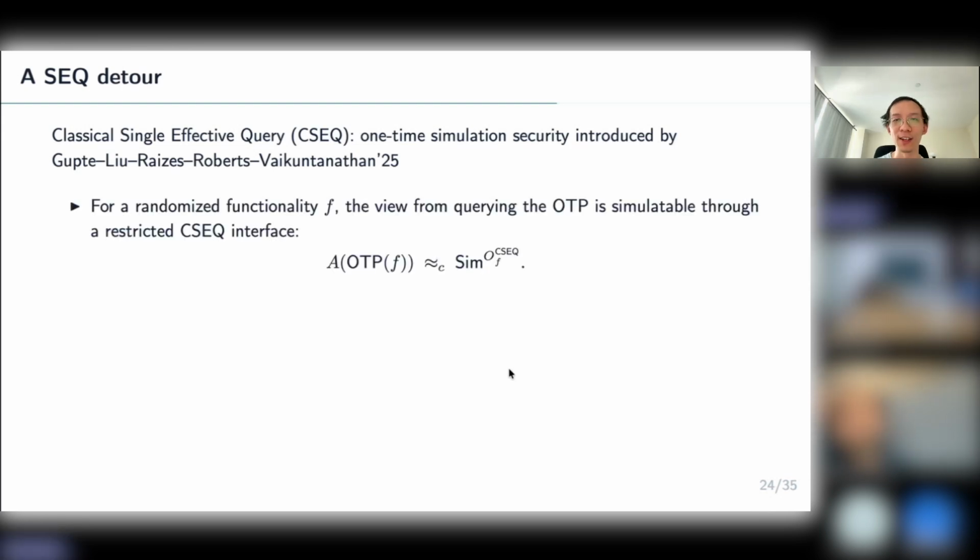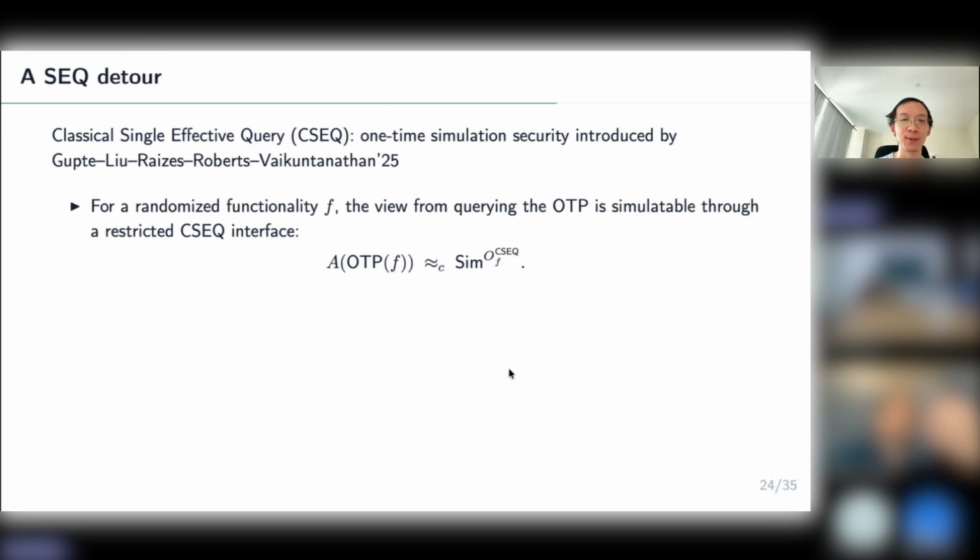Okay, so let me tell you what it is now. Suppose we have some randomized functionality F, because their work considers randomized functionalities. The CSEQ security says that the view for any adversary querying the one-time program should be simulatable by just querying a restricted CSEQ interface.